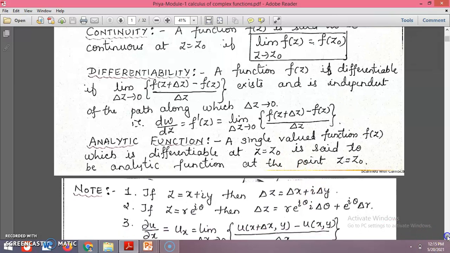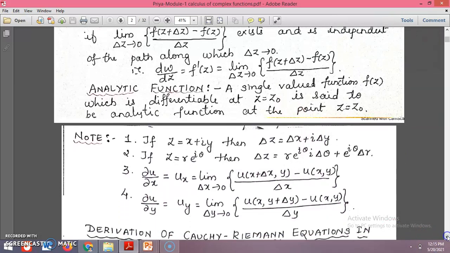Now a notation for this in complex analysis. z, as you know, is a complex variable where x and y are real numbers, defined as x plus iy in Cartesian form, and its differential delta z equals delta x plus i delta y.